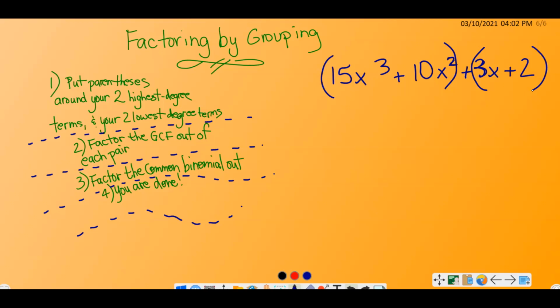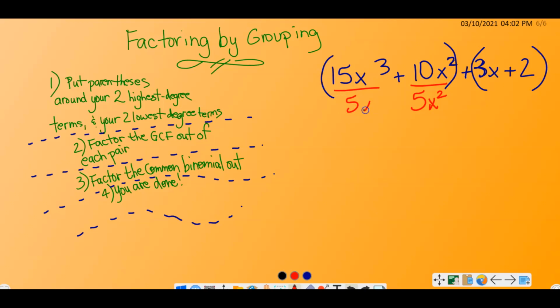Well, this is something that you guys can do, and I'm going to write this in red, okay? So what is the greatest common factor that I could divide out of both 10x squared and 15x cubed? Well, I would go for 5x squared, right? This is an x squared, this is an x cubed, so I know I can divide out an x squared. And for 10 and 15, the greatest common factor is 5.